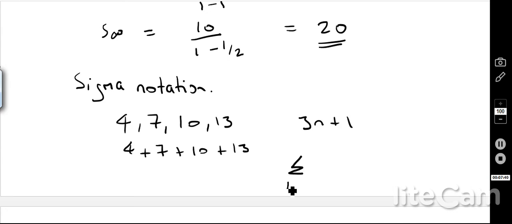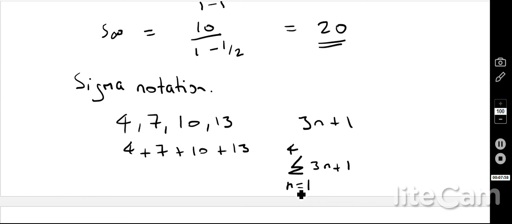I can write it as this squiggle here, which means sigma, and it tells us that we need to add these terms together. The n equals 1 at the bottom and 4 at the top mean I start when n equals 1 and finish when n equals 4.